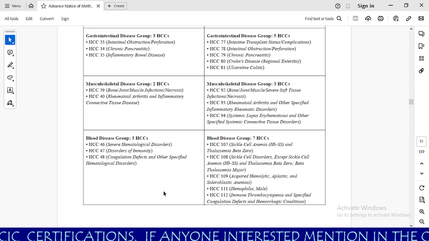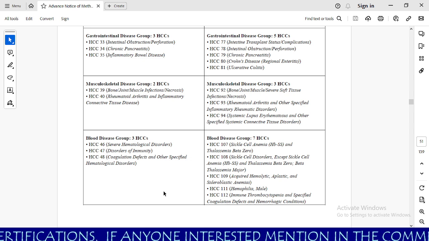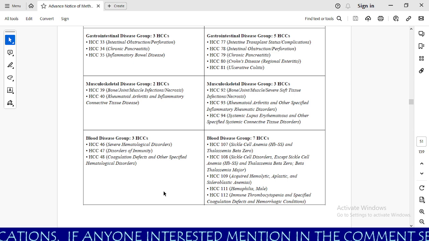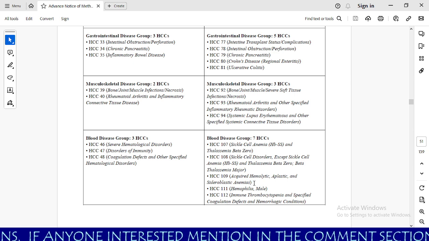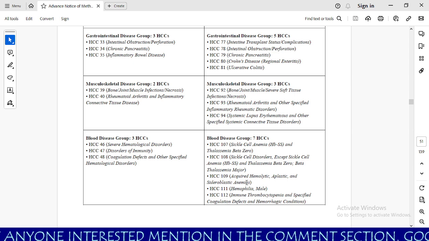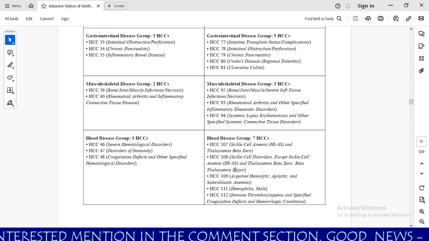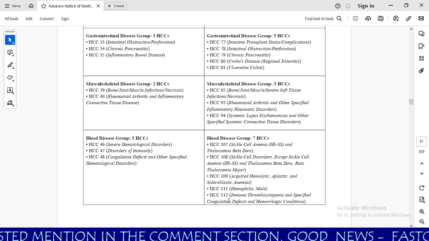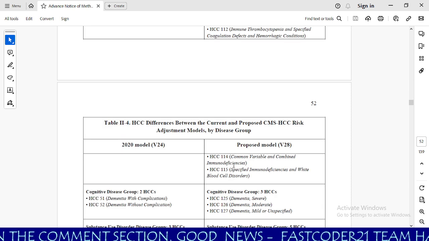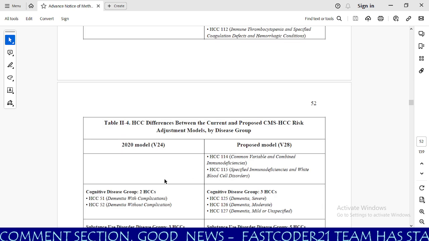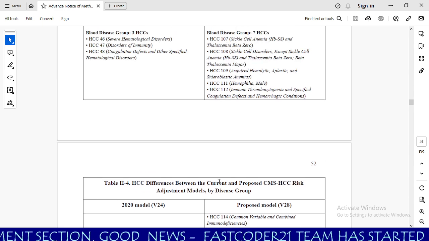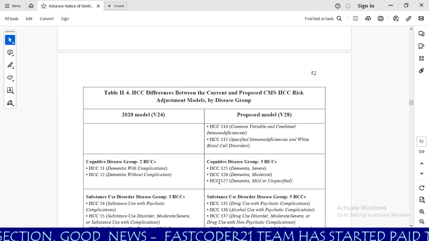Most of the additional HCCs are included in the blood disease group. In version 24, we have only 3 HCCs, but in 2024, we are going to have 7 HCCs, which are HCC 107, 108, 109, 111, 112, 114, and 115. So there is a huge increase in the HCCs in blood groups.